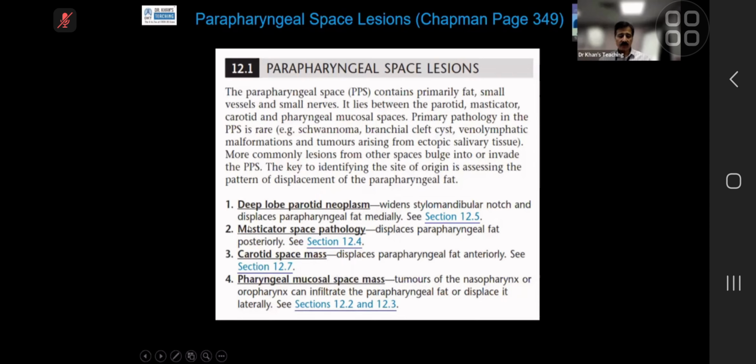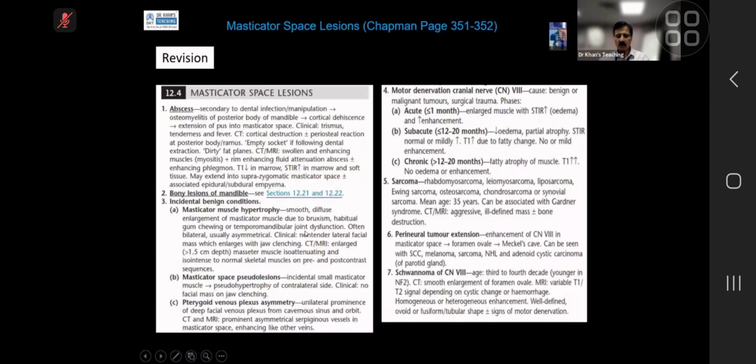So in our case, we have concluded that it is in the masticator space. So then go to the second differential diagnosis from your book, which is masticator space lesions. You were right that abscess is one of the most common, but clinically it was not an abscess. Bony lesions from the mandible, no, it was not.